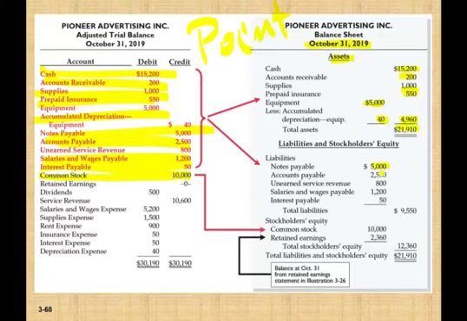Then we have total assets. Then we list our liabilities, total them, common stock, then retained earnings coming from the retained earnings statement. Total liabilities plus stockholders' equity should always equal total assets. So that's basically the financial statements in a nutshell.